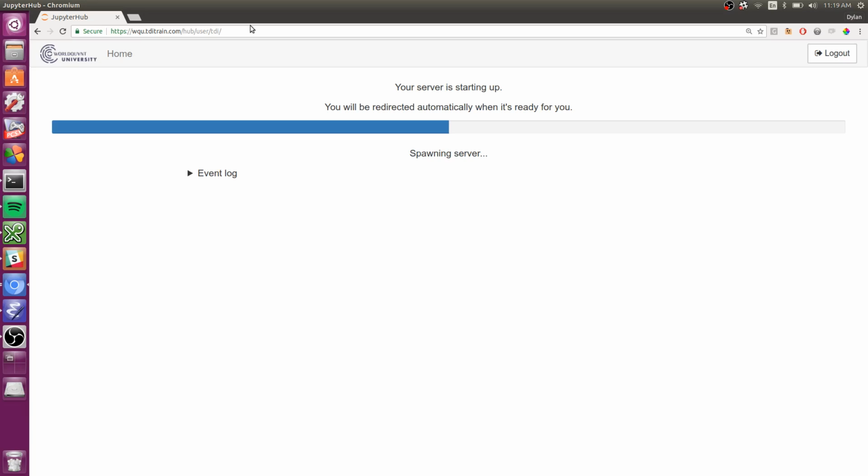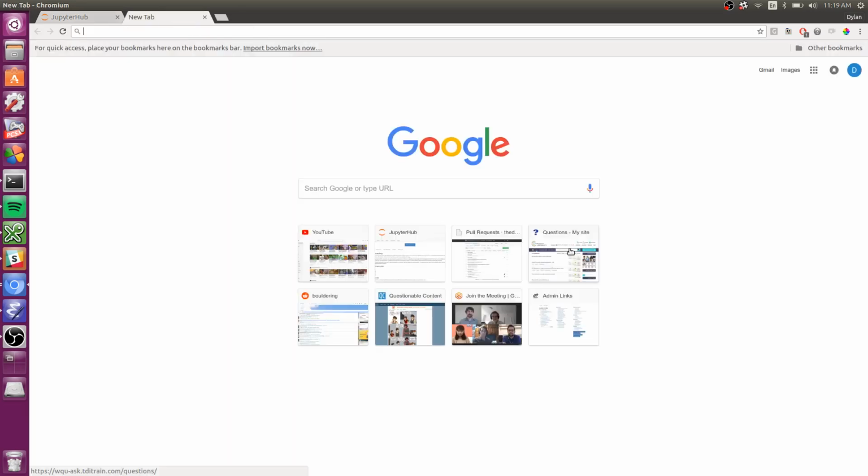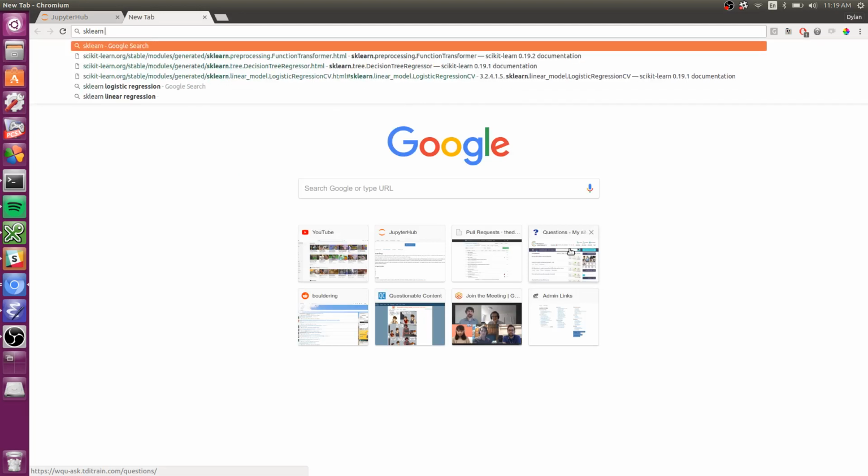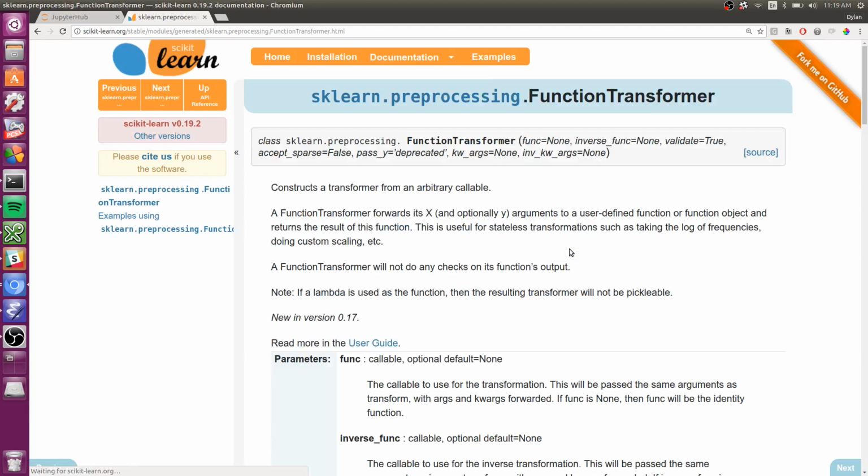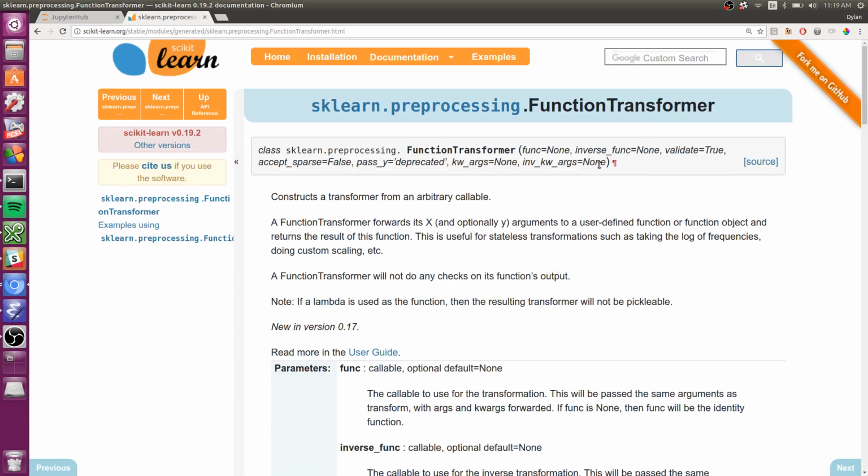Sklearn is a fairly large library with many capabilities. It has terrific documentation. So this is a typical page from the sklearn documentation.